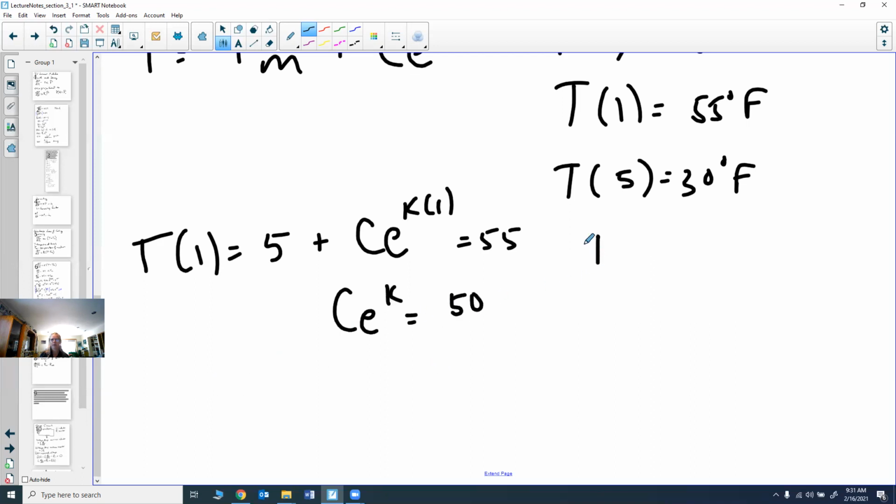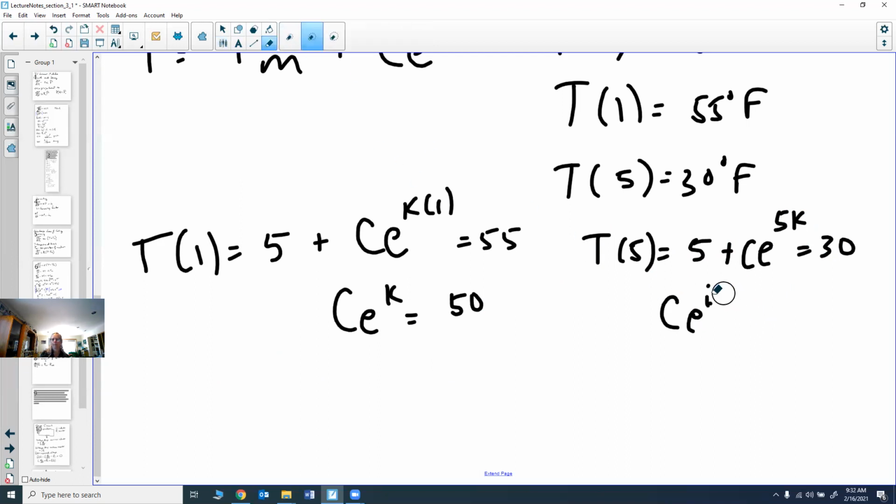We also know that T of 5 would be 5 plus C e^(5K), and that equals 30. So C e^(5K) is equal to 25. So we have 2 equations and 2 unknowns, and we need to find out what both of those pieces are. We can actually do this quite easily.